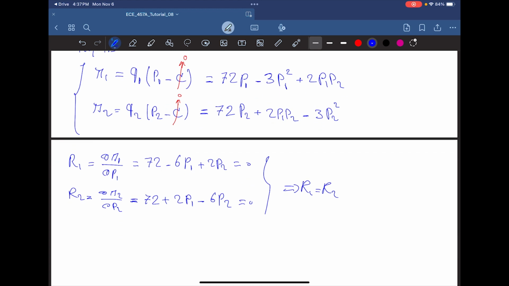In this case, negative 6P1 plus 2P2 equals 2P1 minus 6P2, and you can see that P1 is equal to P2.